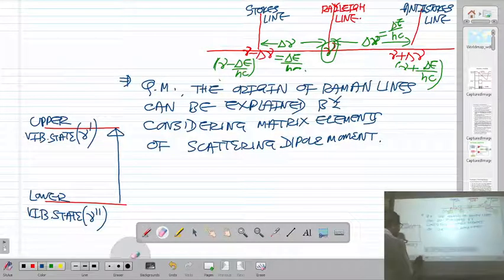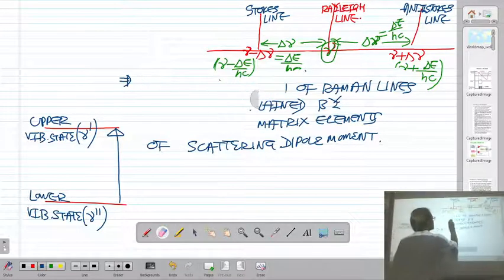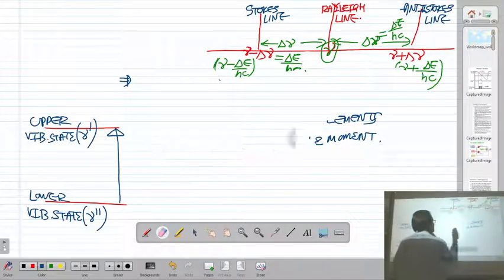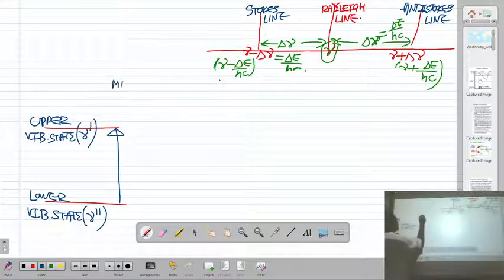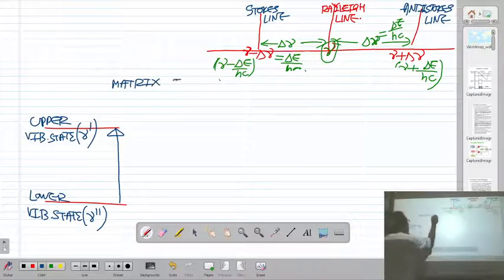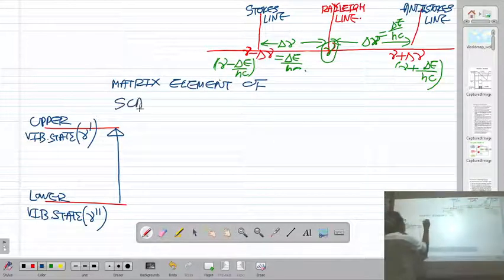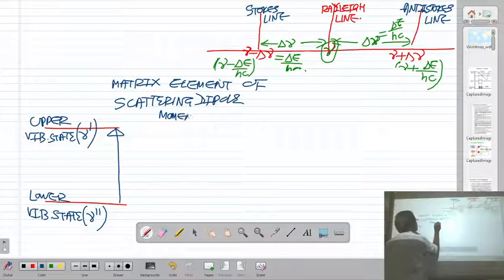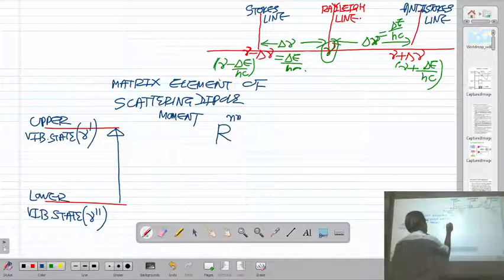So I write the matrix element in this way. The matrix element of the scattering dipole moment is given by R_nm equals the integral of psi n star, P, psi m d tau, where P is the dipole moment.